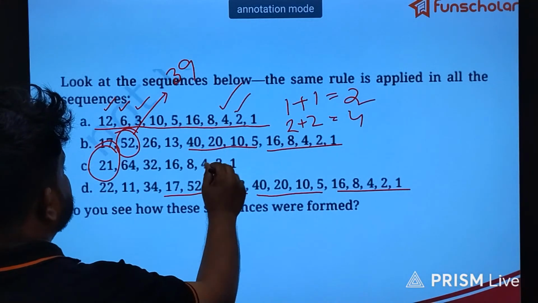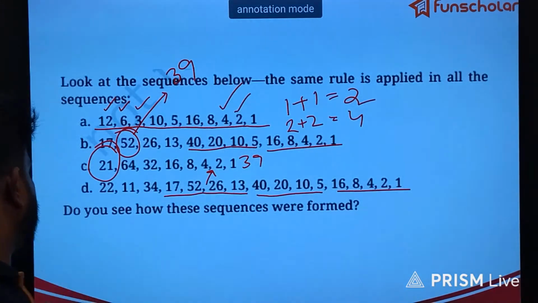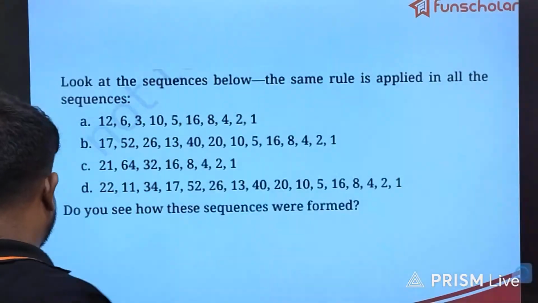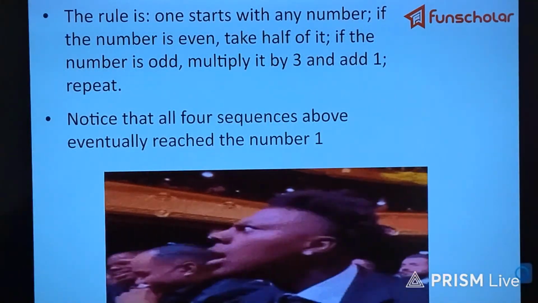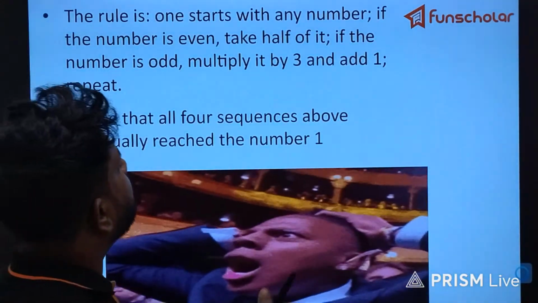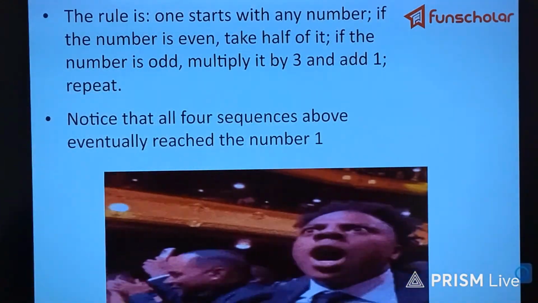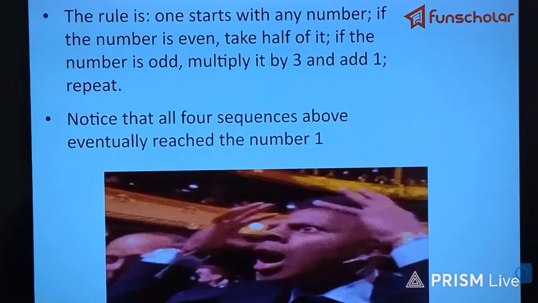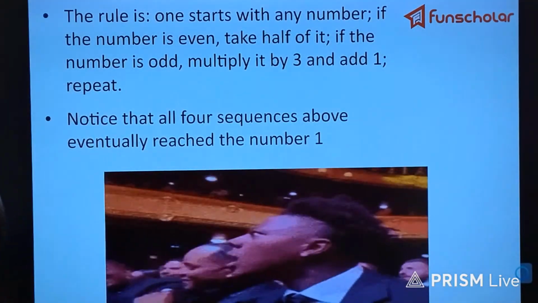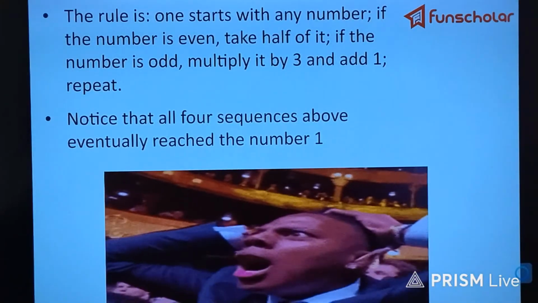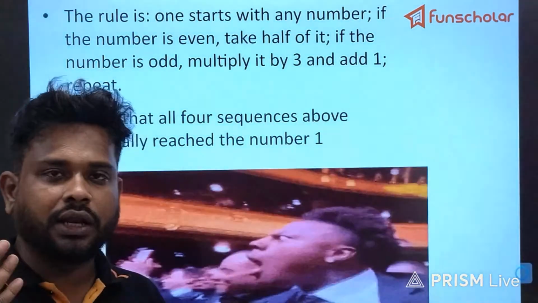It also has a missing number, that is 39. Okay, so these are the sequences. Now the rule is one starts with any number. If the number is even, take half of it. If the number is odd, multiply it by 3 and add 1 and repeat. Notice that all 4 sequences have eventually reached the number 1.